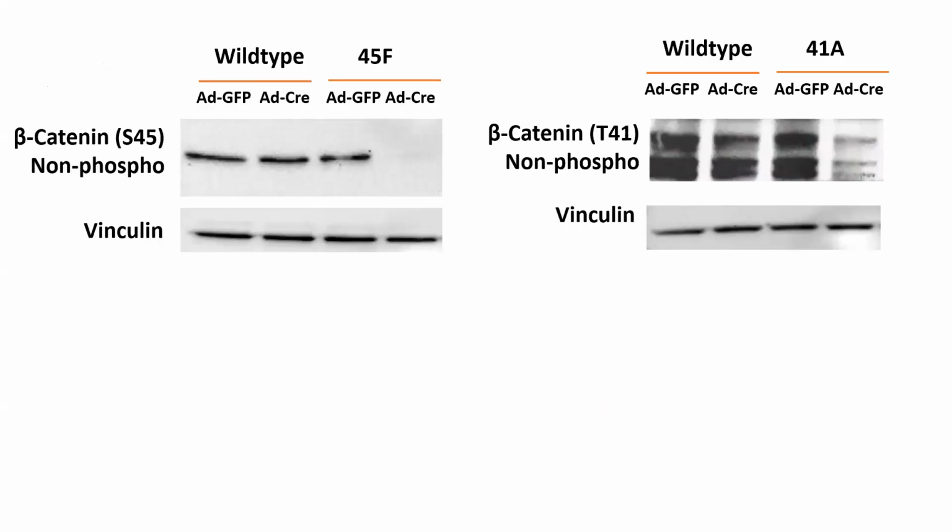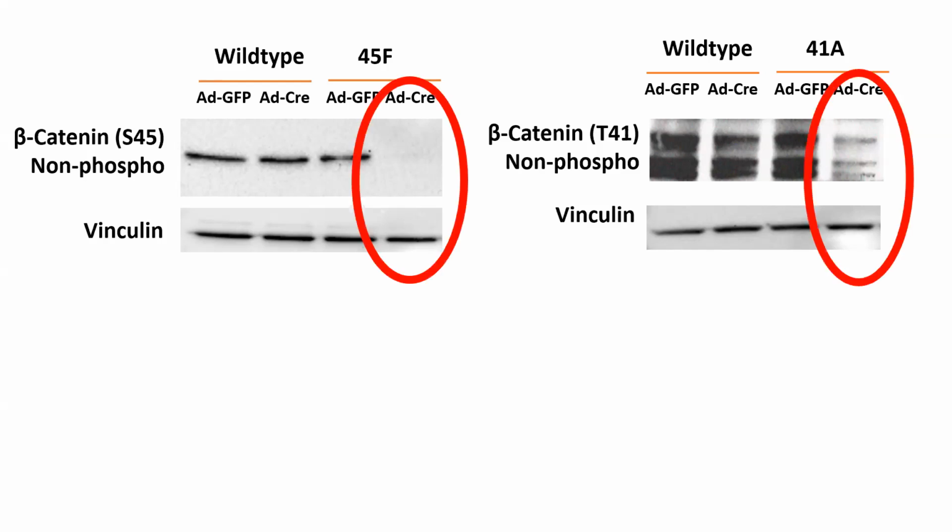We found that for both of the two mice, when Cre recombinase was put into the cell cultures from the mutant mice, we saw a lack of expression of the S45 or the T41 phosphorylation site in those mice. This shows that when you stabilize mutation, you knock out those sites, and those phosphorylation sites are gone.